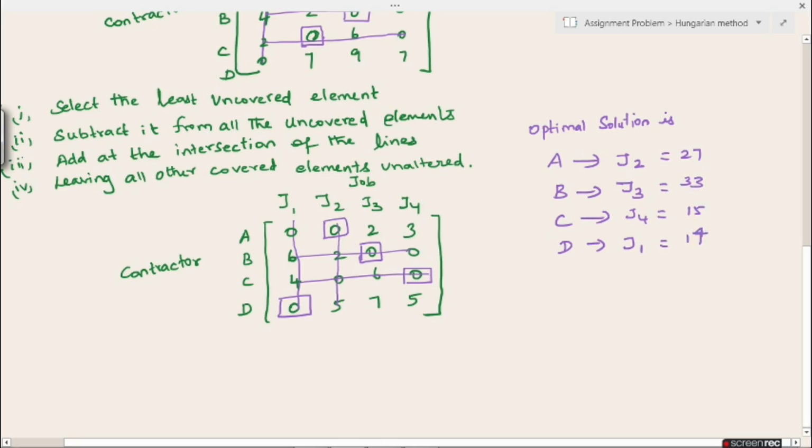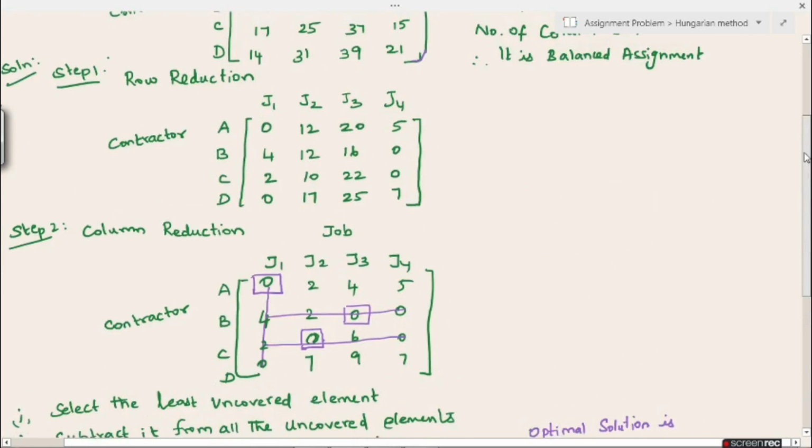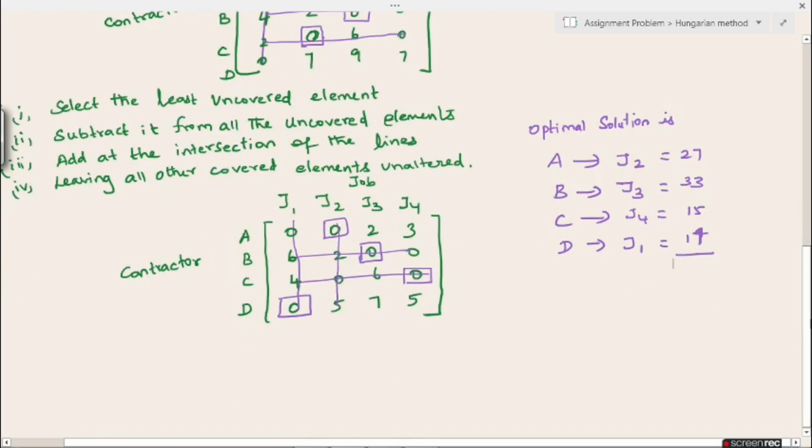Sorry, 14. D to J1, that is 14. Yeah. So if you add all the values, you will get 89. So this is the minimum cost value.